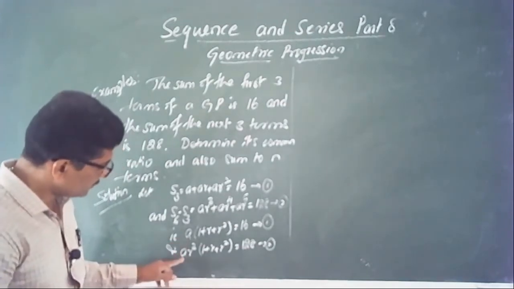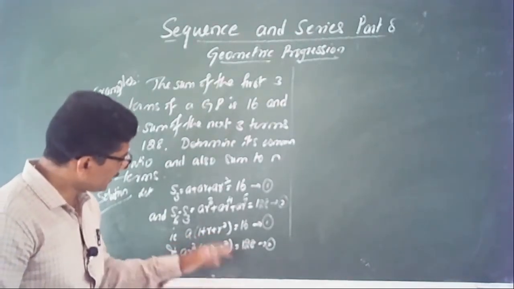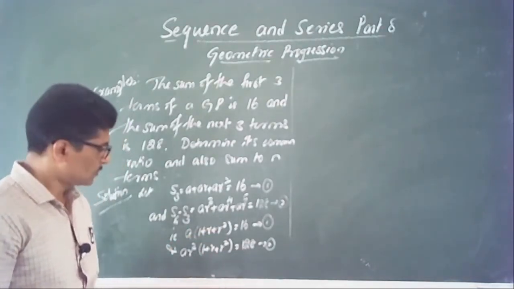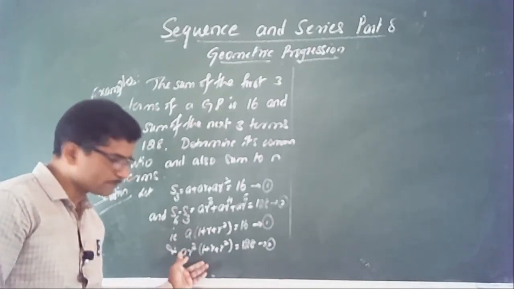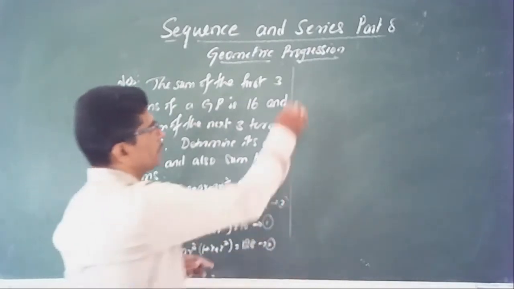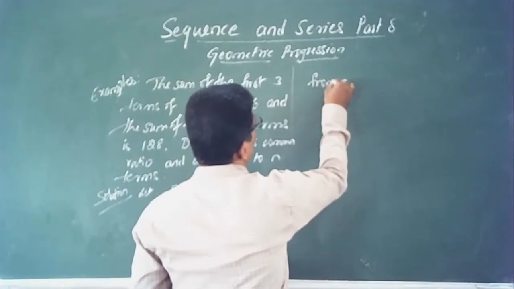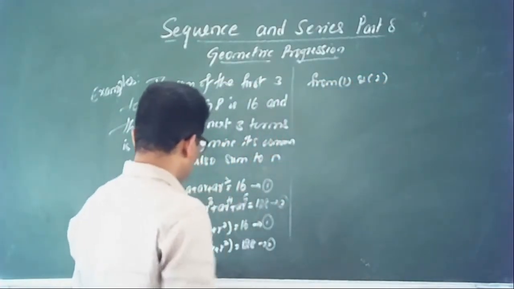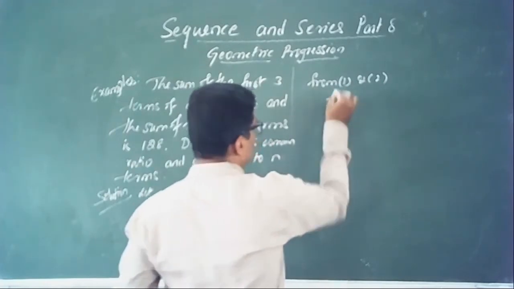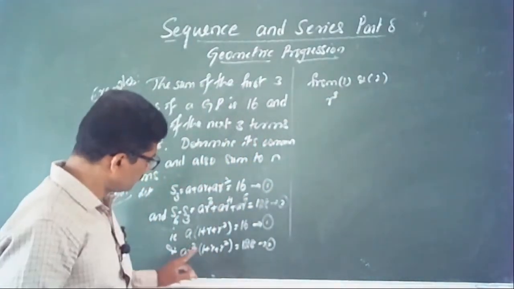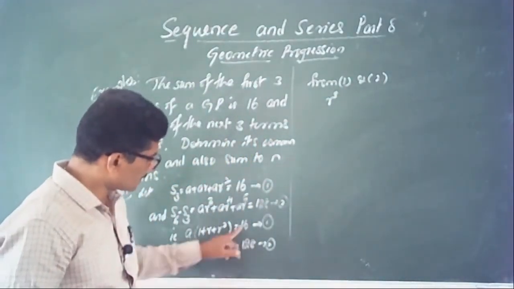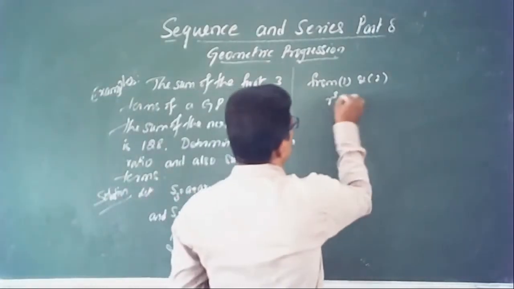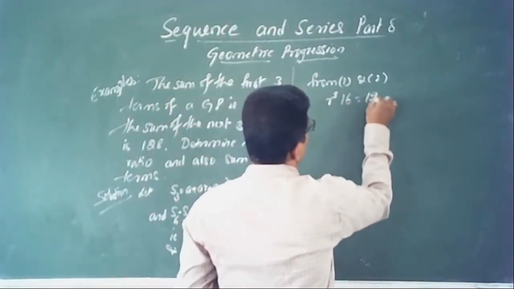Now, dividing the second by the first, from result 1 and result 2, you can write it any way. Here you know that r cube into the first equation, a into 1 plus r plus r square, which is 16, is equal to 128.